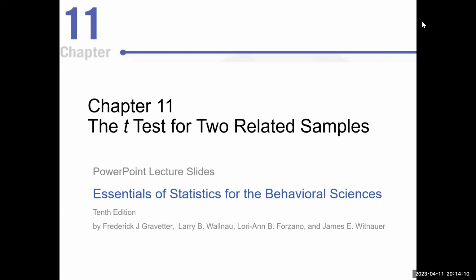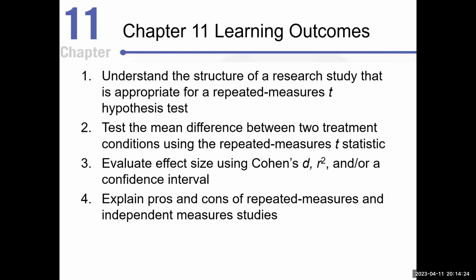All right, so Chapter 11. We're looking at a t-test for two related samples. What this usually means is we call this repeated measures design. We're usually using one person or several people, and we're putting them through two different treatment conditions.